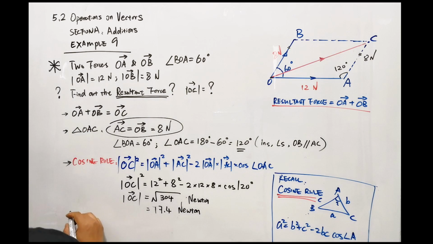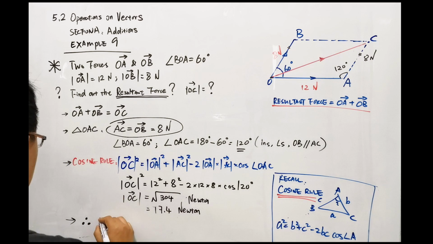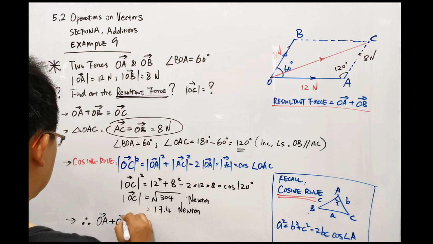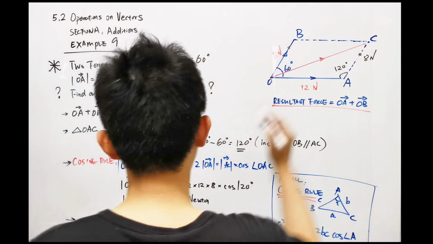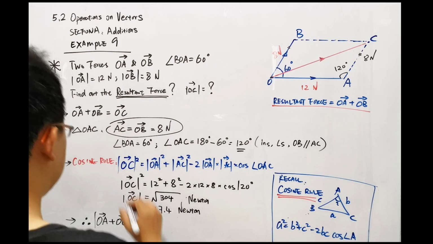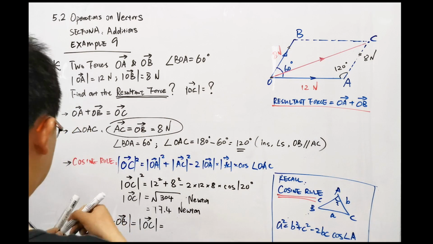So therefore, so what's the result? So what's the result? The result is OA plus OB. So OA plus OB, so AC, right? So that the resultant force is OC, right?